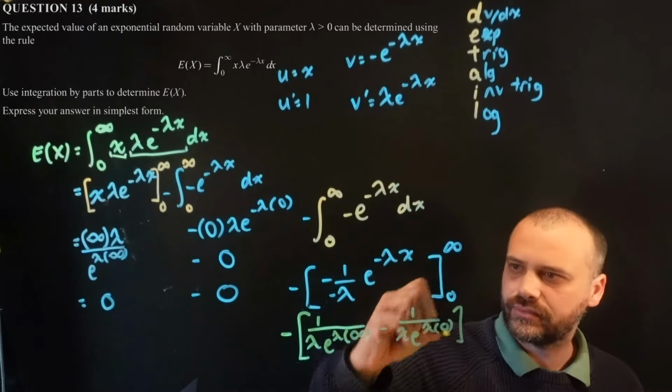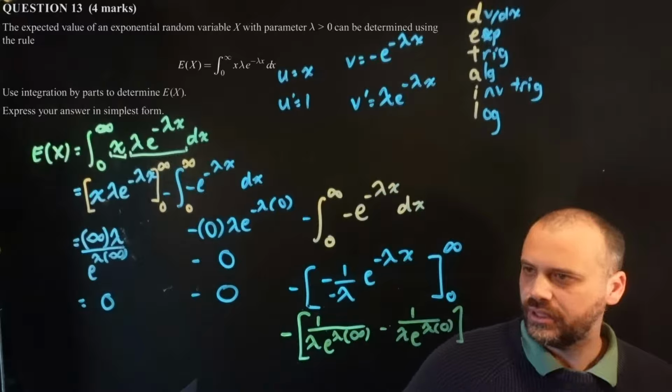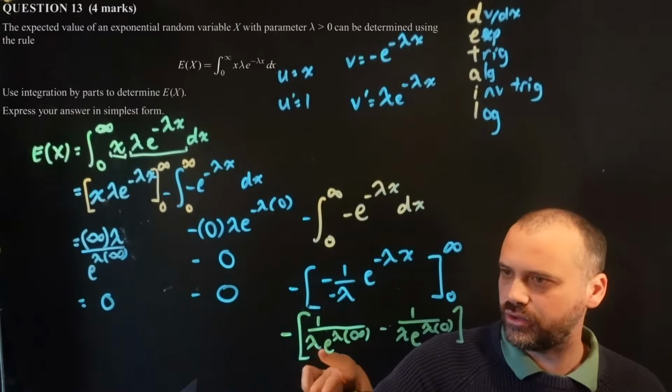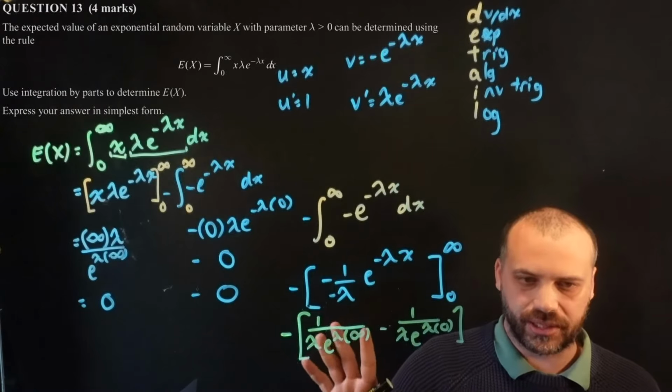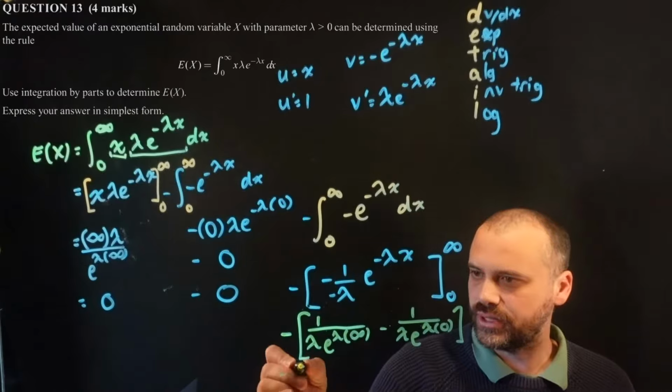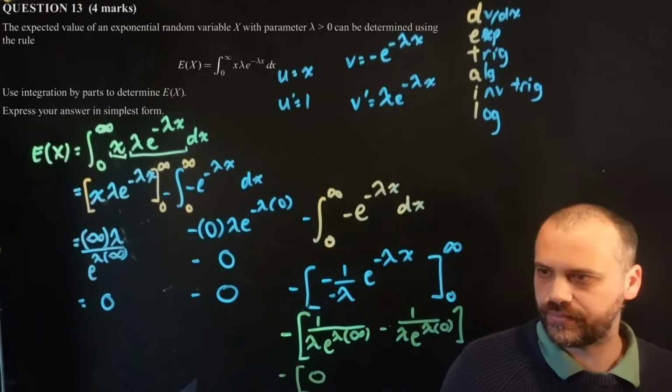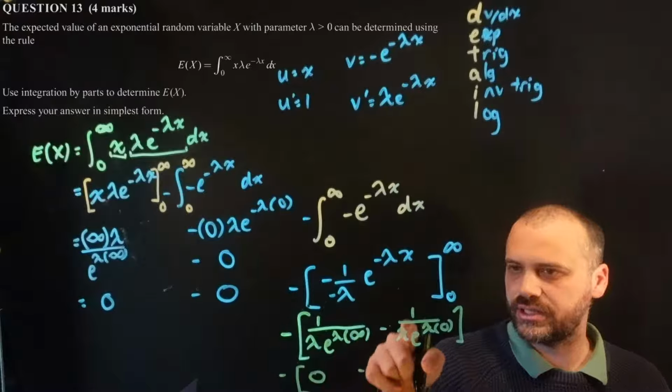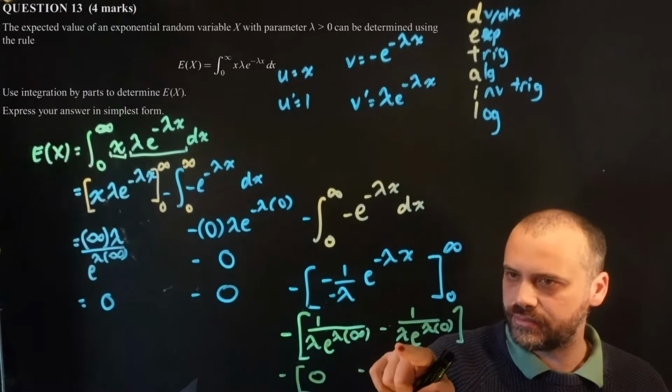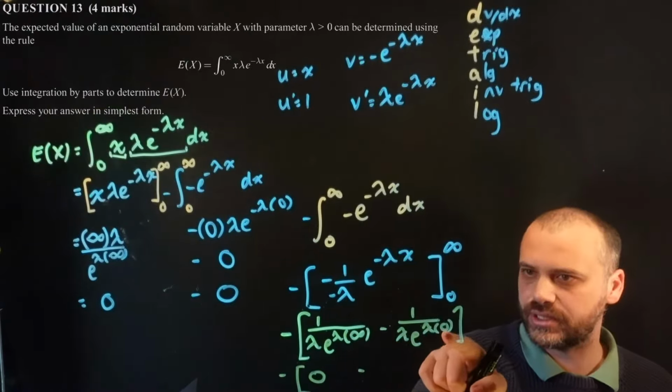Okay, that feels pretty good. Now, what do we have here? 1 over a very large number. So, again, we have 0, and then we're subtracting 1 over lambda times e to the lambda 0.